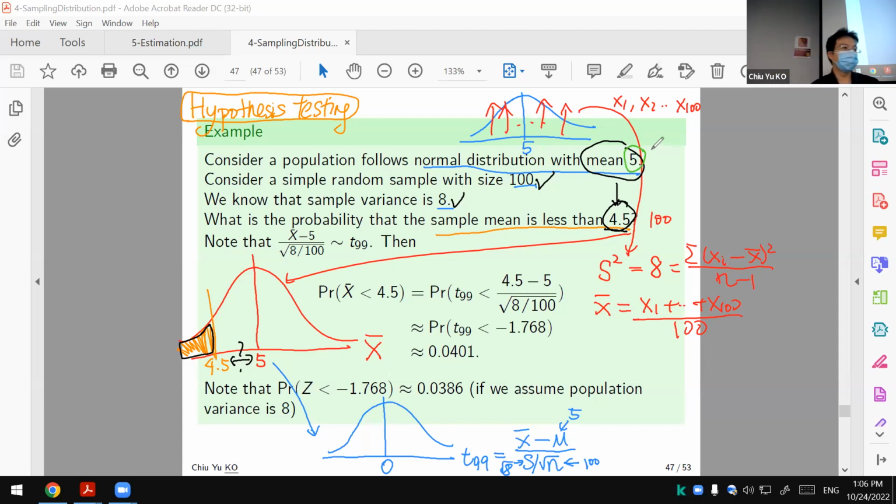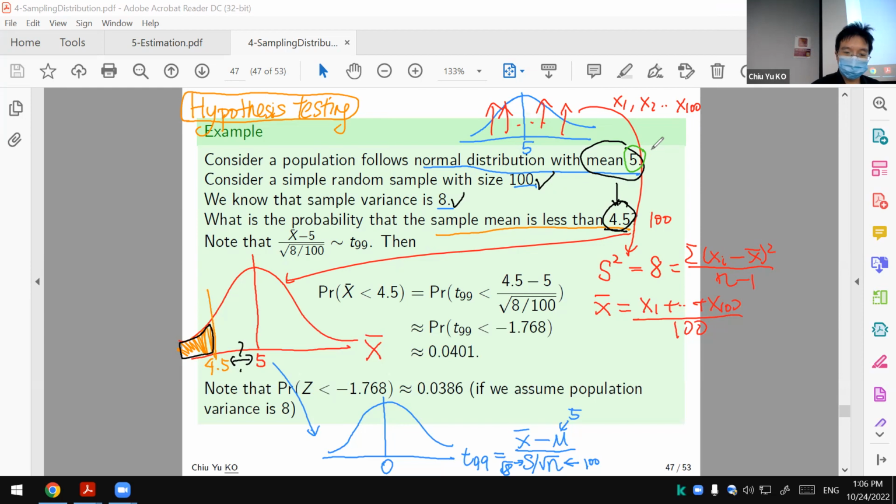The problem is you use the data to check whether the mu is something the data support or not. Someone tells you the mu, you collect data, which is X bar, and you see whether X bar is far away from mu or different from mu. That is the main thing we're going to do in November.